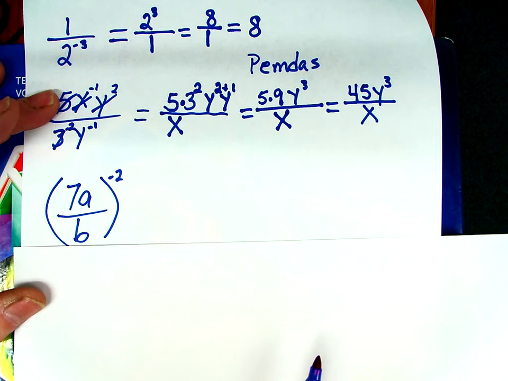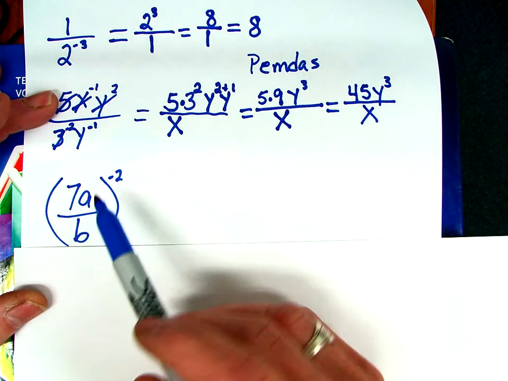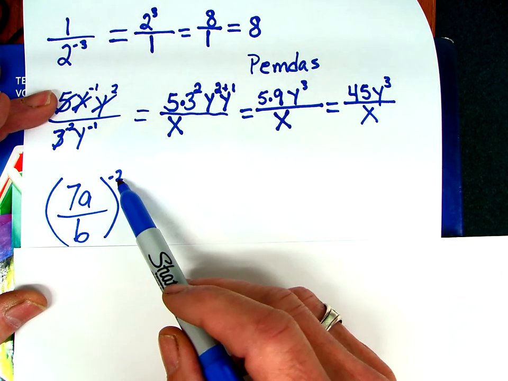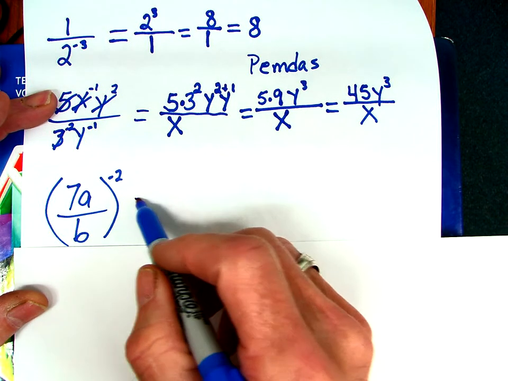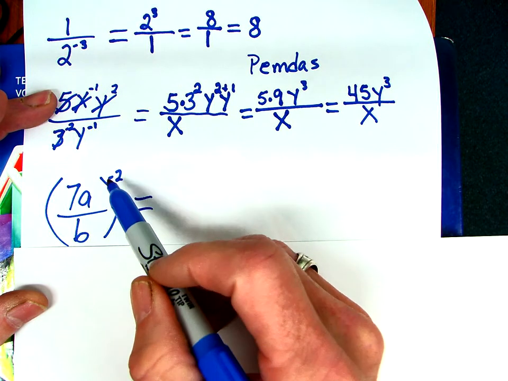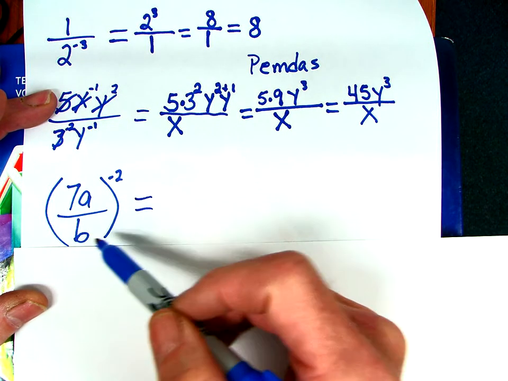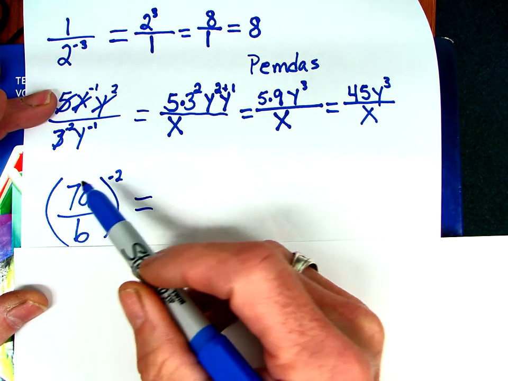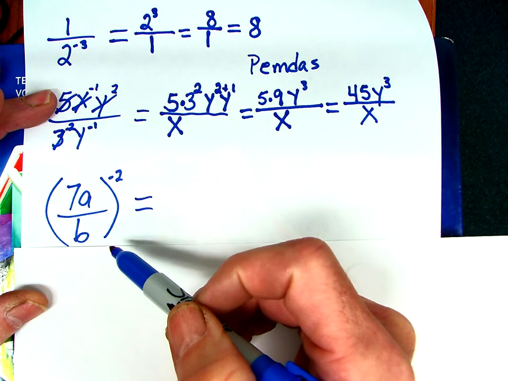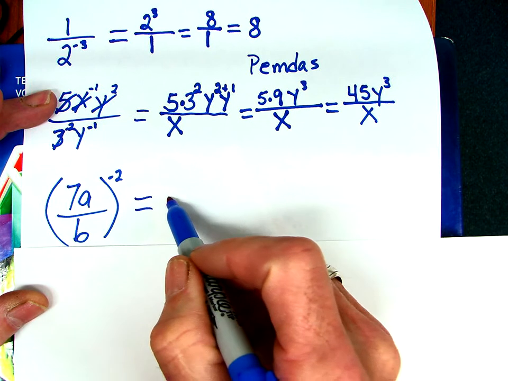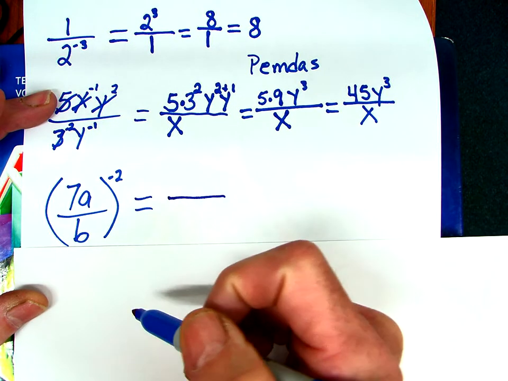So what about when we have parentheses and the power rule? Well, nothing changes here. What this means is that this whole grouping, everything in this set of parentheses, is on the wrong side of the divide sign. We're going to need a divide sign.